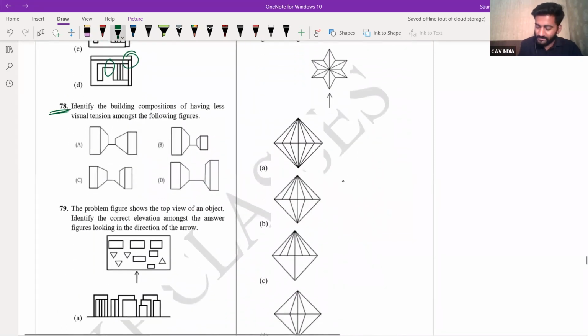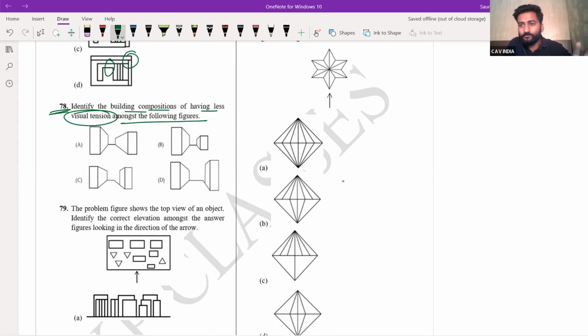Then comes 78. Now 78 is to identify the building composition having less visual tension among the following figures. Visual tension is there in images which have lesser balance in the overall composition, or some sense of disturbing movement, or something which is not correctly placed. Those kinds of things create visual tension.